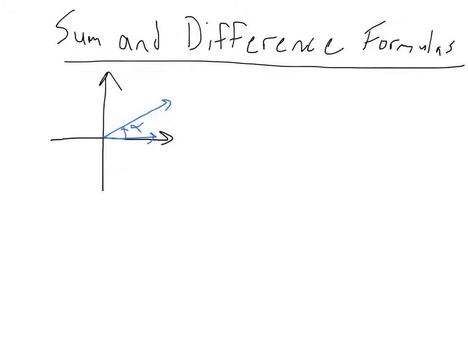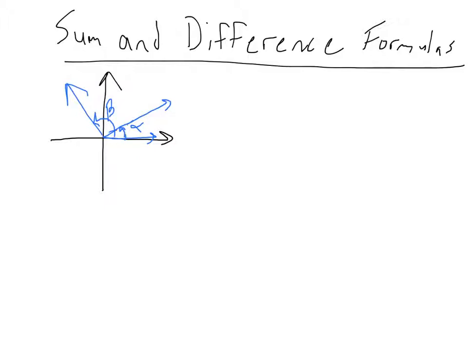So this first one is angle alpha, right? And then let's say we have another angle that's slightly larger than alpha, and this angle will be angle beta.